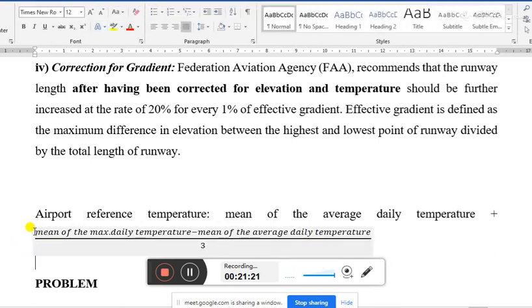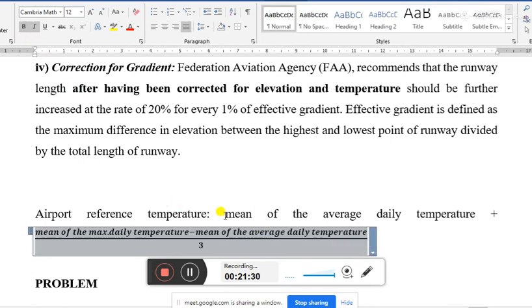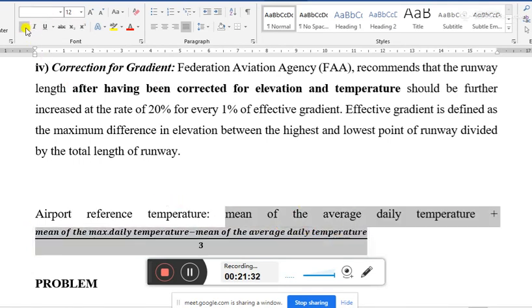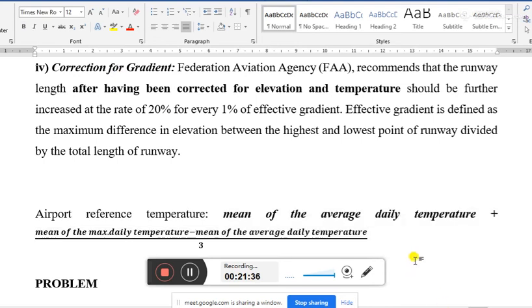Now the question is: from where can you find these things, the mean average daily temperature, maximum daily temperature, all these things.